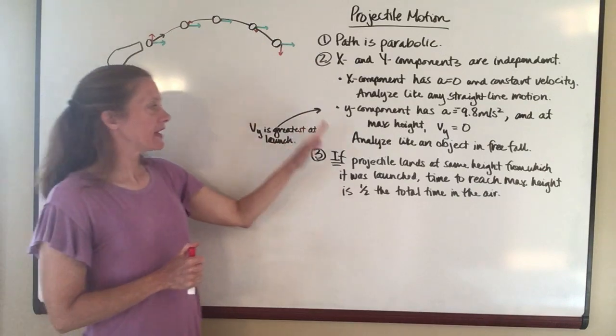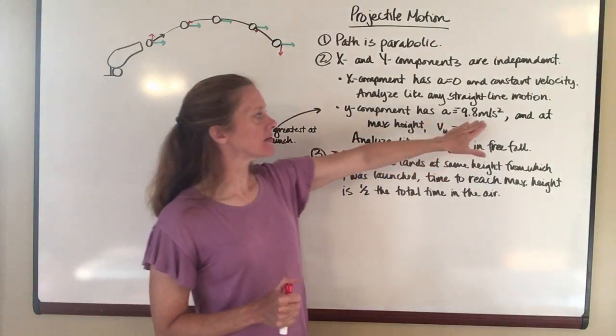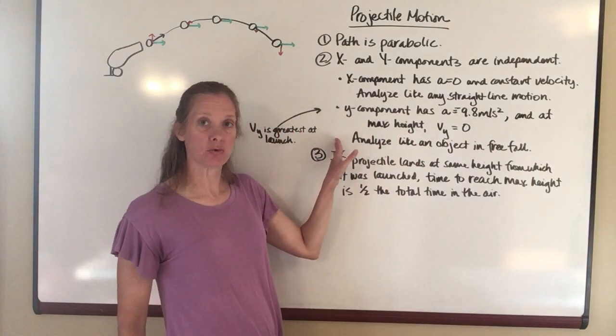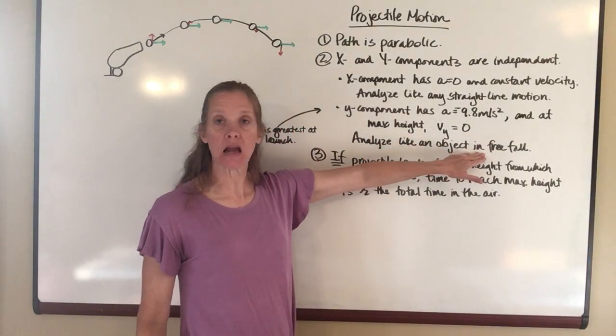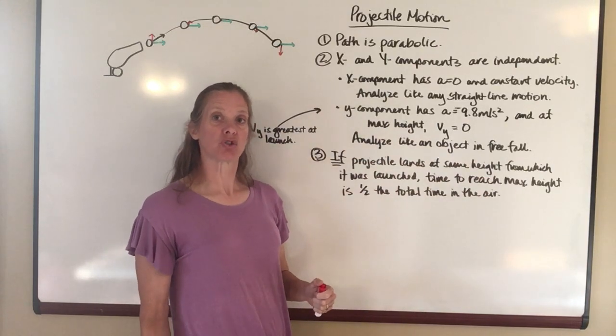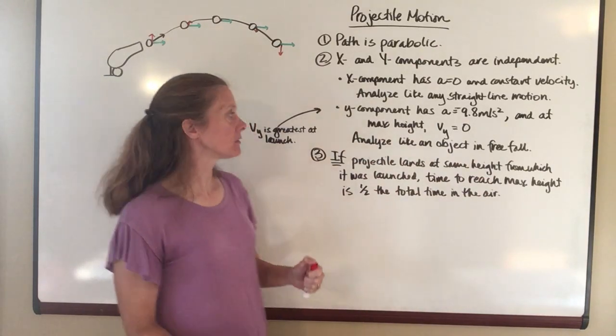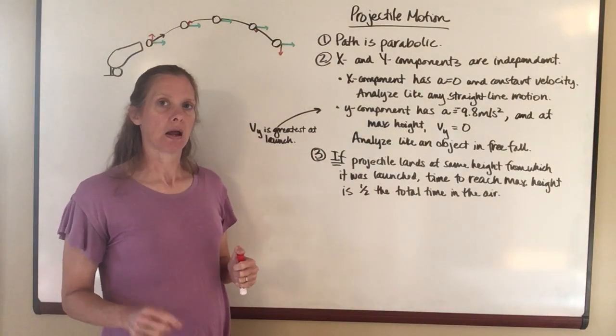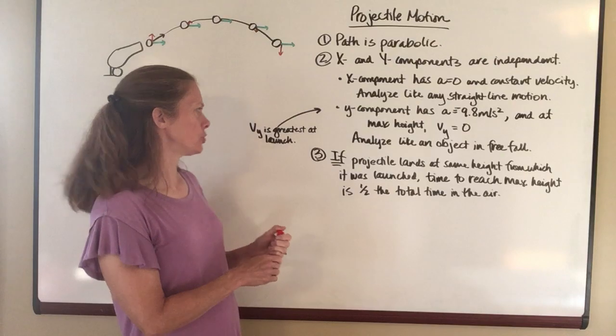So, because the only thing acting on it is gravity, I can analyze the y component just like I analyze any object that's in free fall. If I had thrown it straight up and it fell straight back down, I can analyze the y component just like we learned how to do back in, I think it was module 2.